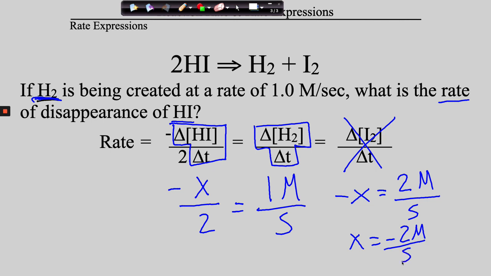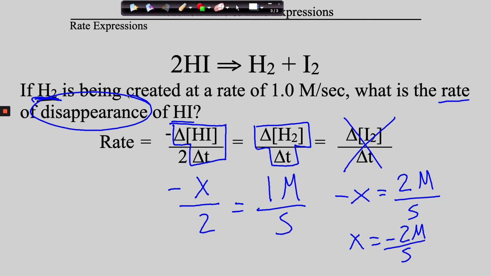So let's talk about it mathematically, and then let's talk about it logically. What does the negative mean? Disappearing. We already have the term disappearing written into the question. So in order to answer the question, the answer would be the rate of disappearance is 2 molarity per second.